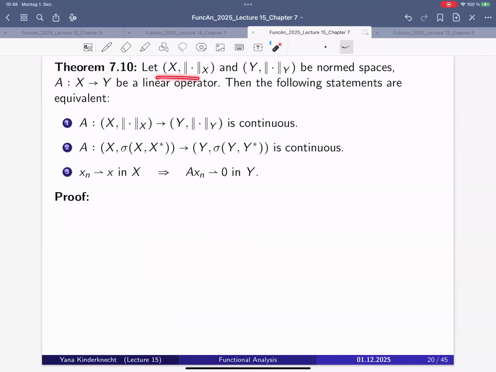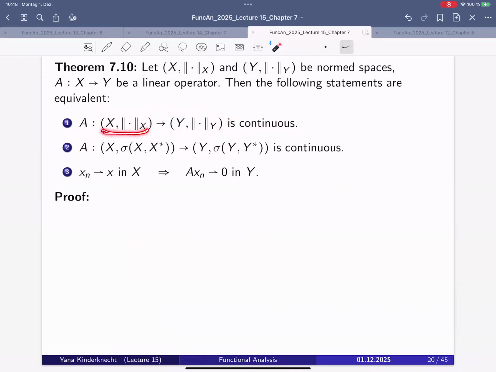Let X and Y be two normed spaces, and let A be a linear operator. Then the following statements are equivalent. The first statement is that A is a continuous operator in the sense which we have studied before, that is, as a mapping between two normed spaces.